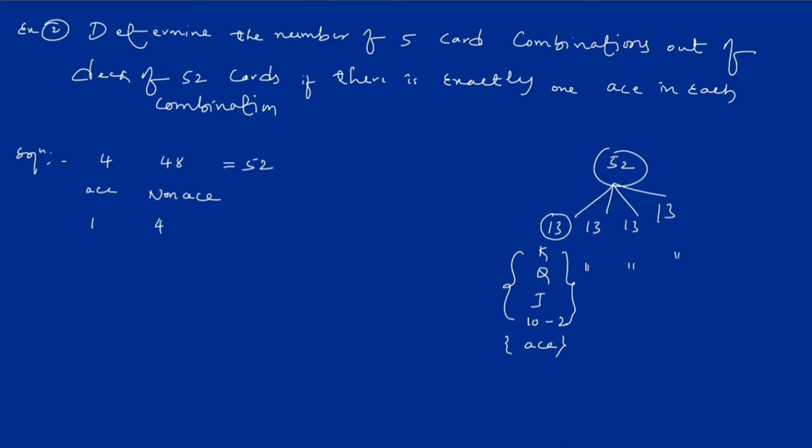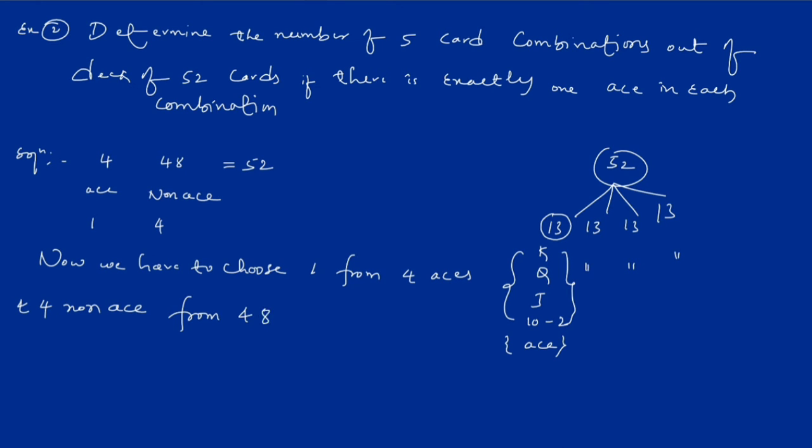Now we have to choose one from 4 aces, right? Total there are 4 aces, and 4 non-aces from 48 non-aces, right?